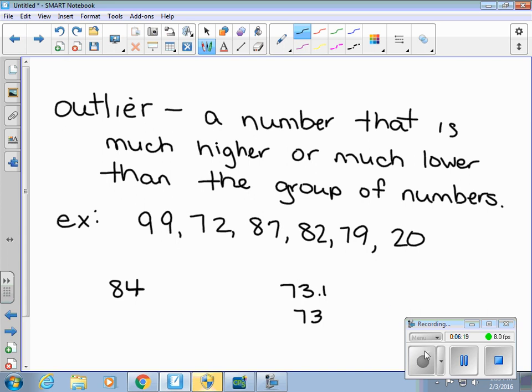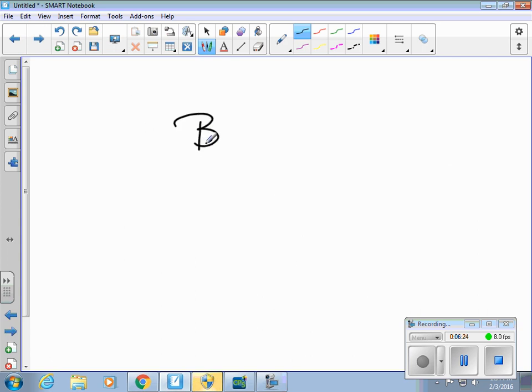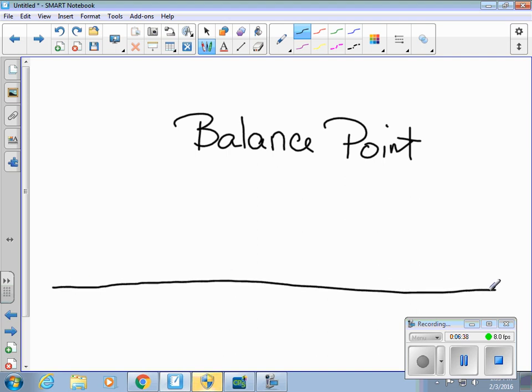Alright. On your clear piece of paper, we're going to be talking about balance point. This is what you're going to put on your paper. You're going to draw a line, kind of like a number line.